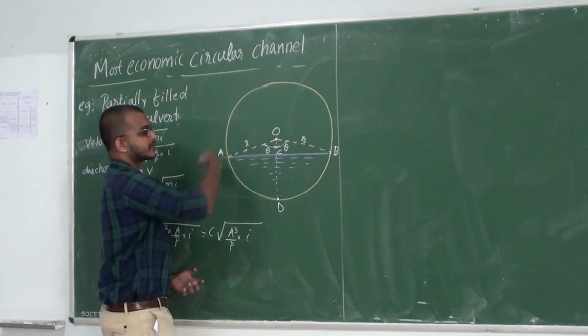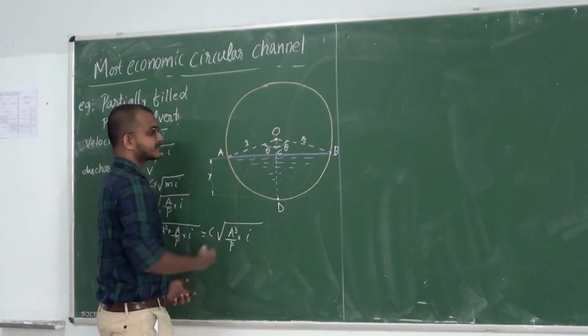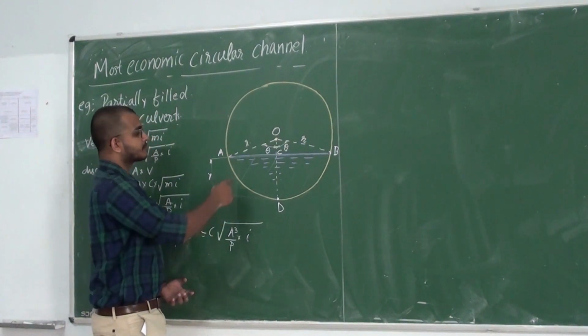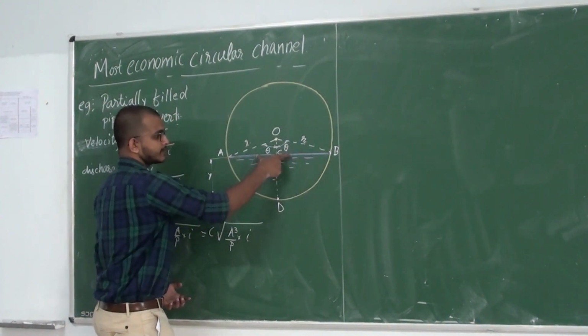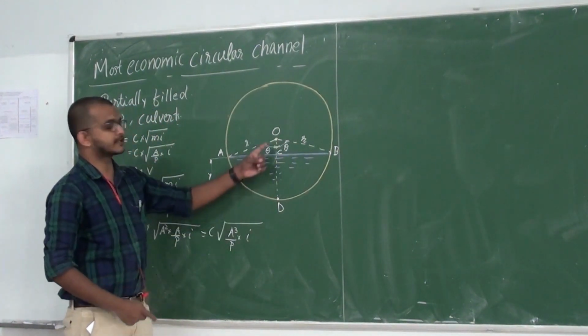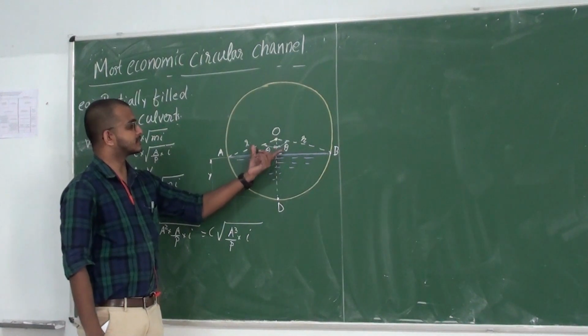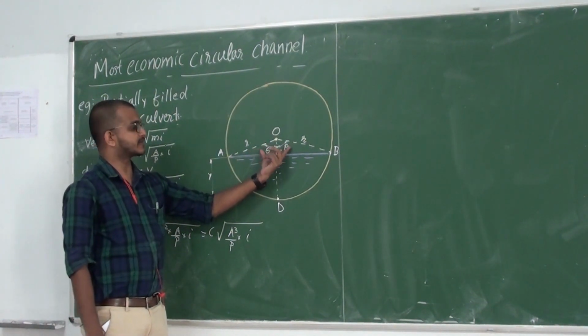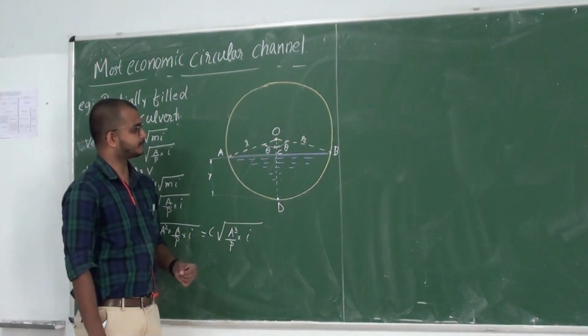R is the radius of the channel, O is the center, and the angle subtended by the free surface AB at the center of the channel is 2 theta, that is theta plus theta.